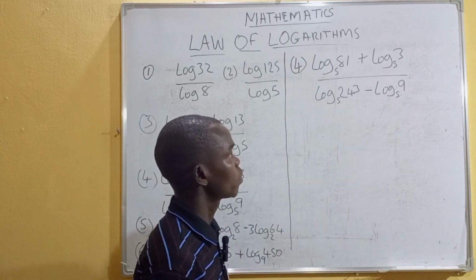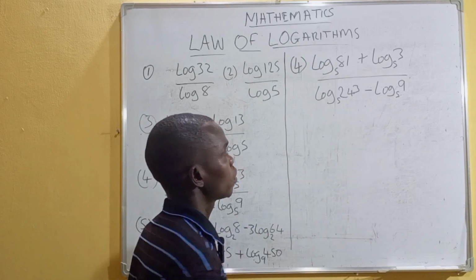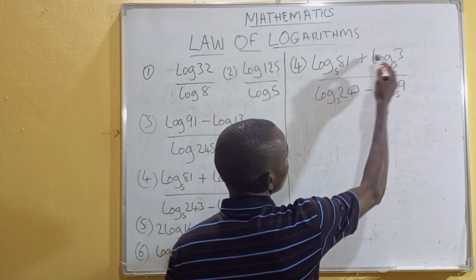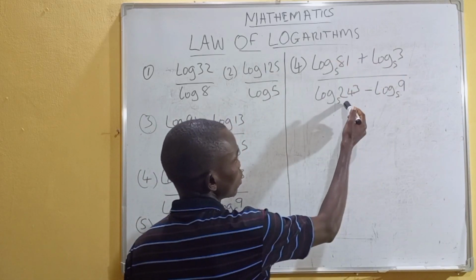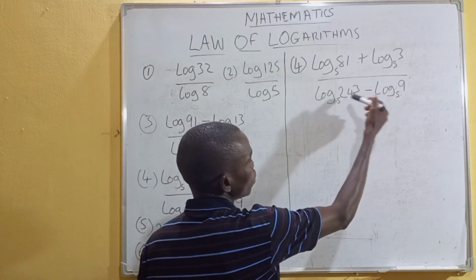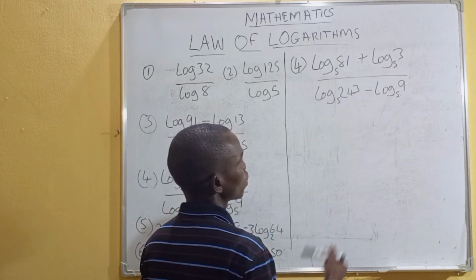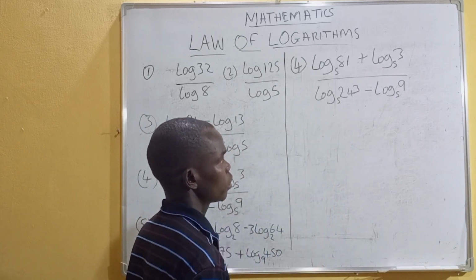From this question, we can use the law of logarithm, where we will multiply the numbers to the common base, and also divide 243 by 9 to the common base.